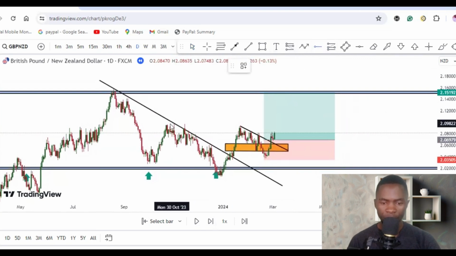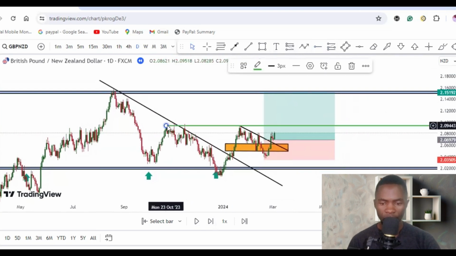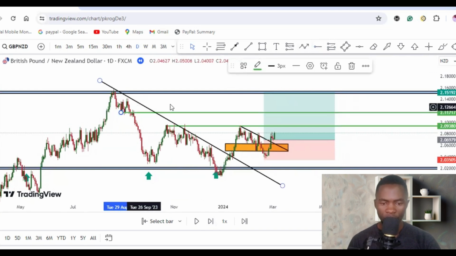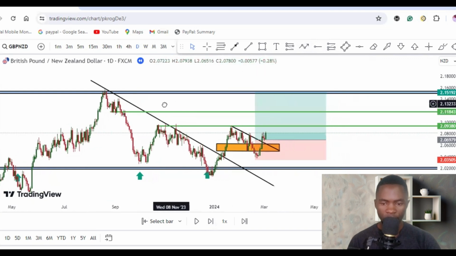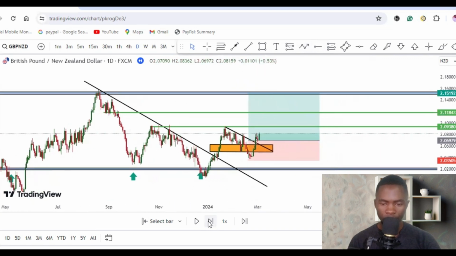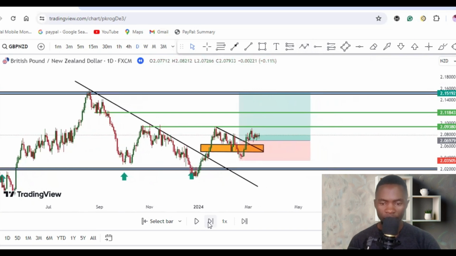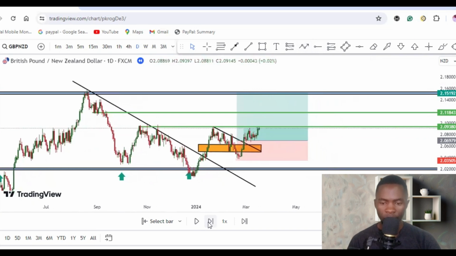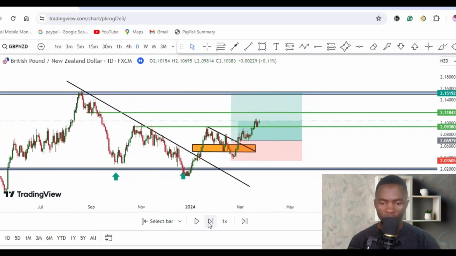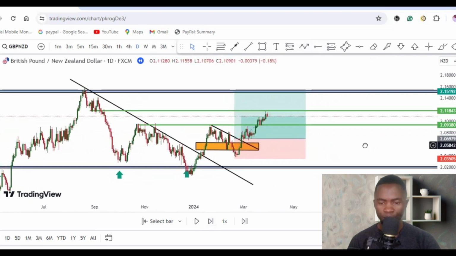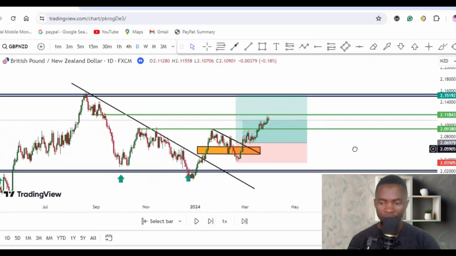And my first TP is going to be around here, this place. And my second TP is going to be around here. The market is consolidating. And exactly, the market has broken to my TP2, my take profit 2.